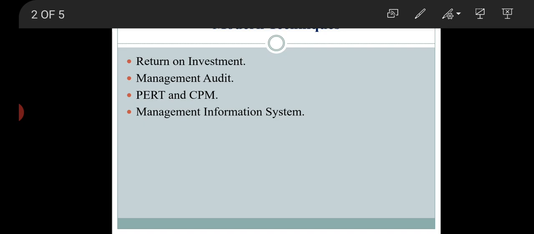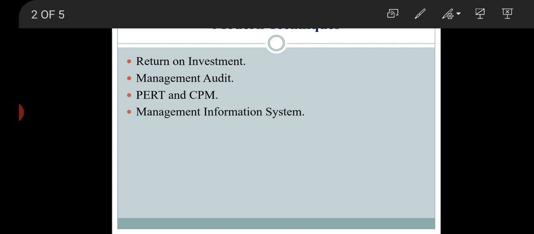Okay, so PERT and CPM are the main modern methods, and the last one is Management Information System, that is MIS. It is a well structured combination of people, software, and hardware activities, which collects and transforms the process. That means at a click of a button, you get all the information in the MIS. It is the advanced technique, and it provides control at a glance on all the activities of all the departments.